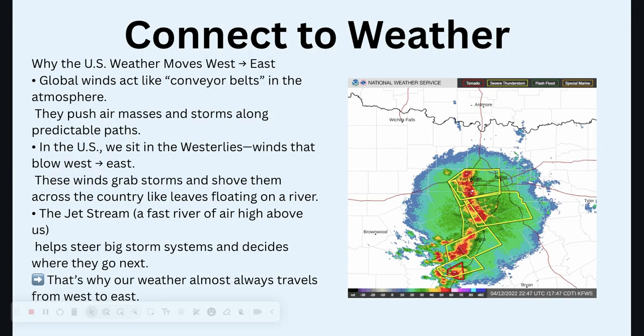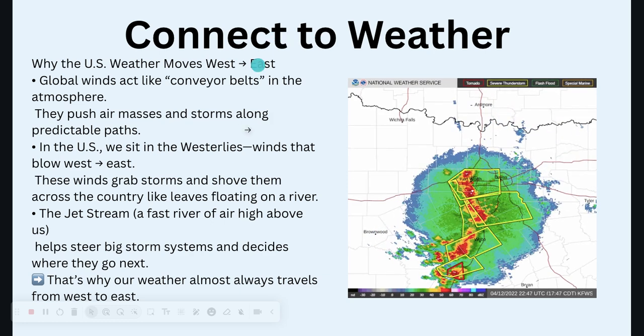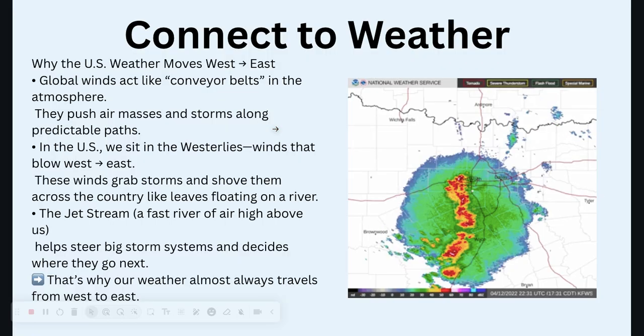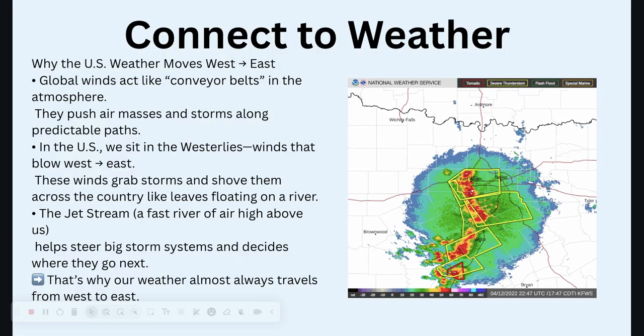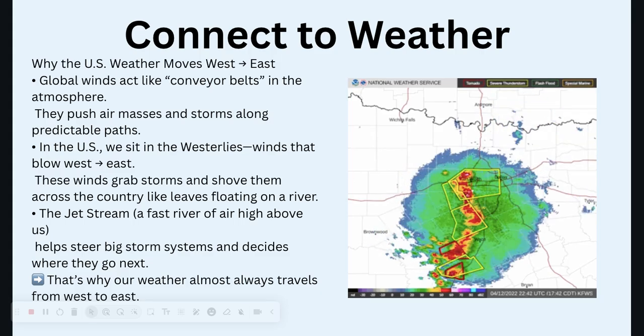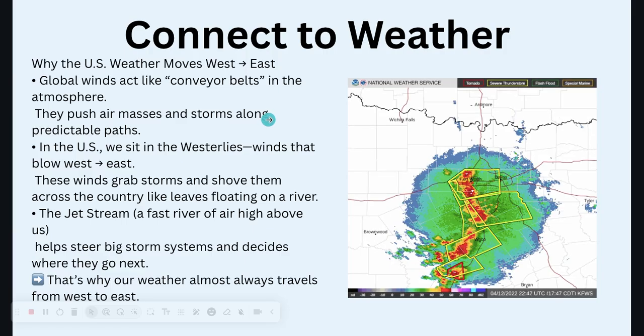These winds grab storms and shove them across the country like leaves floating on a river. The jet stream is a fast river of air high above us, helps steer the big storm systems, and decides where they're going to go next. That's why our weather almost always travels from west to east.